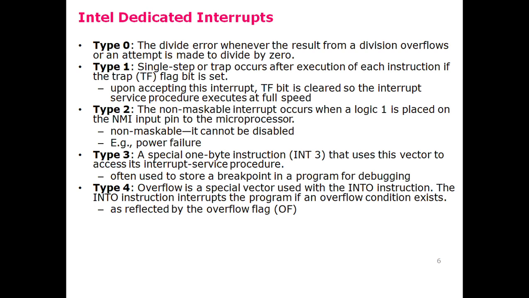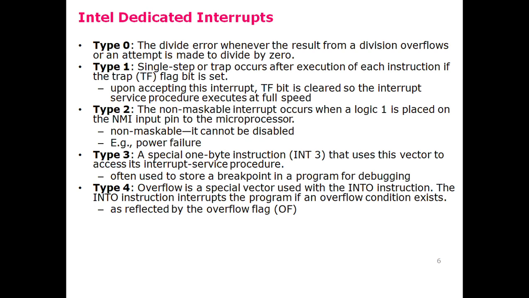So whenever a value is divided by 0, or whenever the division overflows, for example, the result of division is stored somewhere in a small variable or memory, this would give a divide error. In most cases, this error is given when some value is divided by 0. So if you try to divide a value by 0, this interrupt would be executed. So this is the divide error interrupt.